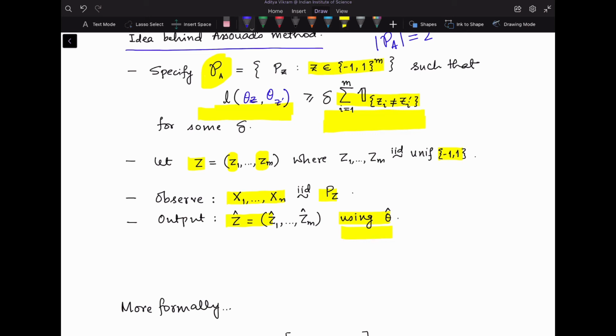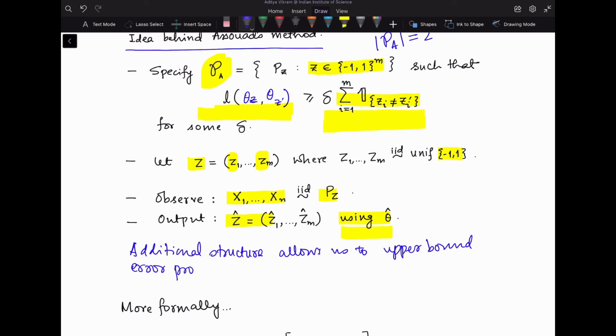And this is basically the main feature of Assouad's construction. So this additional structure allows us to upper bound error probabilities in estimating the z_i's.